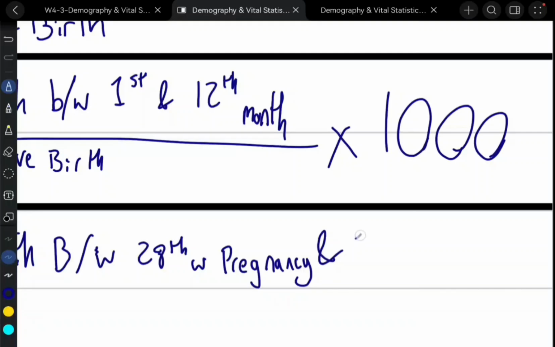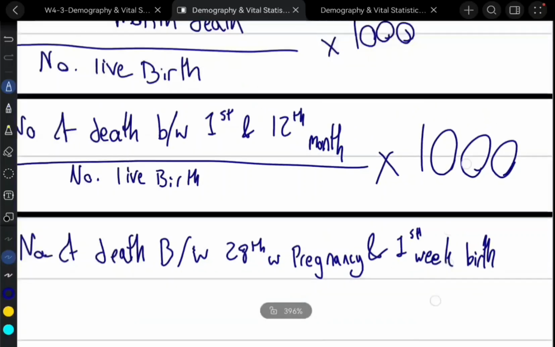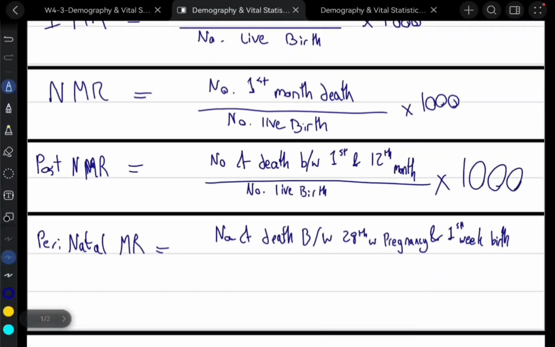Excuse the handwriting. Over number of live births times 1000. Amazing.